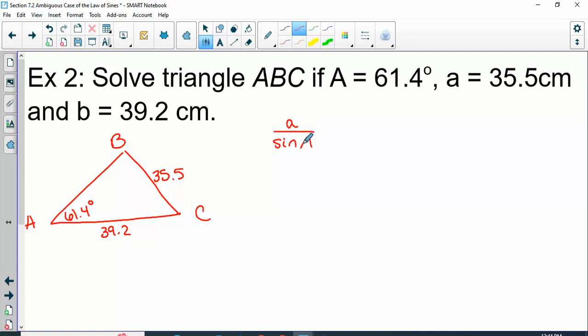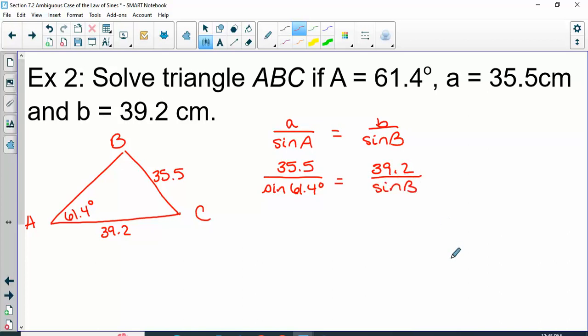We have to use A because it's the only one we have both pieces to, and the other one we would use would be B. So then we cross multiply.